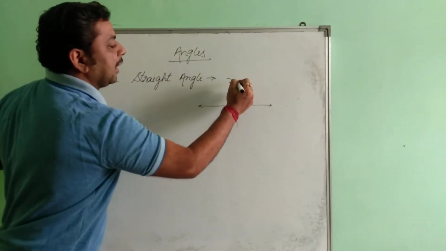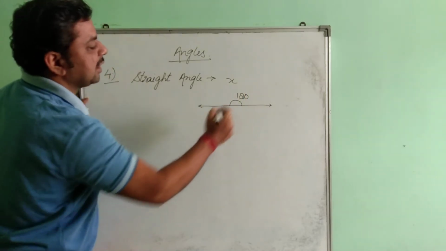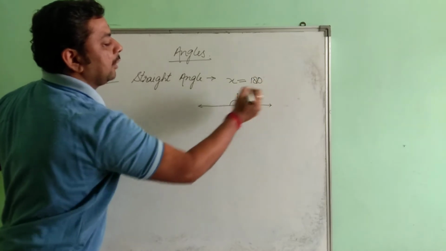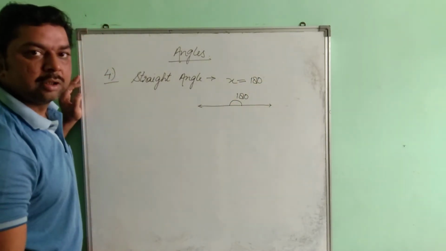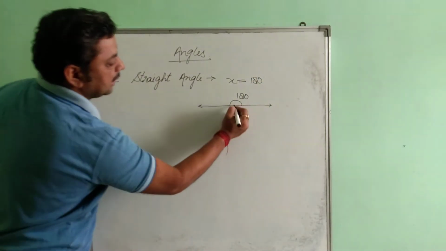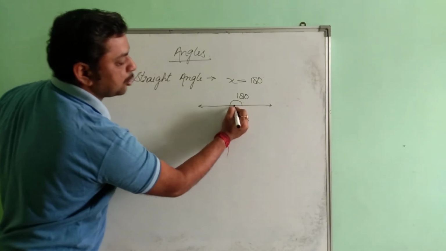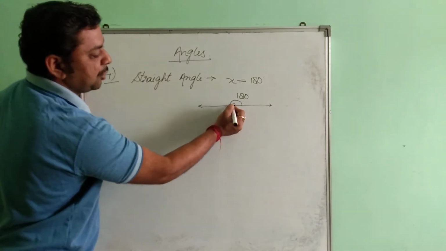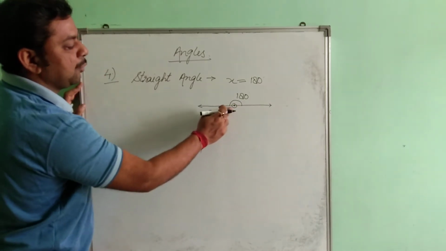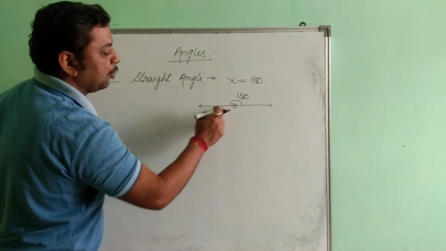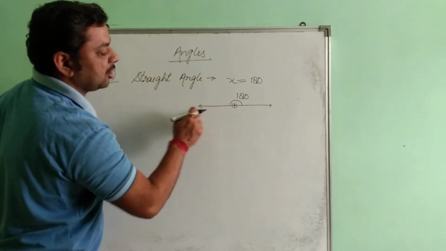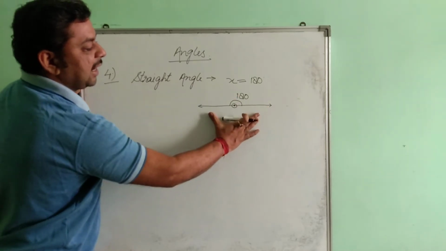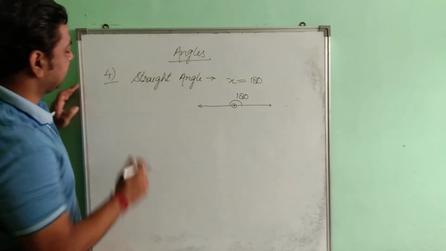That means whatever angle is given to you should be equal to 180 degrees, only then would it be considered a straight angle. And this is your center point, considered to be a vertex. One ray is towards your left side and one ray towards your right side. The straight line would be considered 180 degrees.